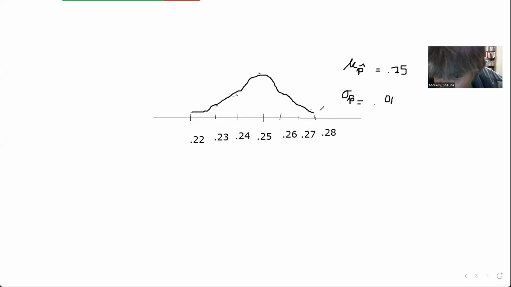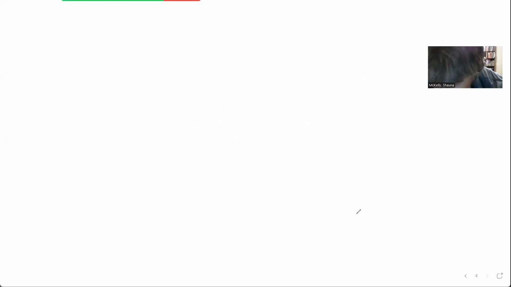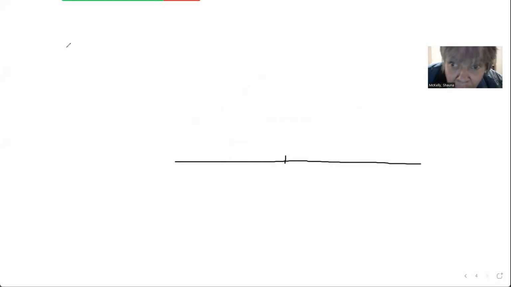Now, you don't have to put everything in here. I'm going to draw another distribution. 0.33 is going to be quite far from where we are. Remember, the middle of this is 0.25, okay? And you're only going up by 1/100th of a unit.